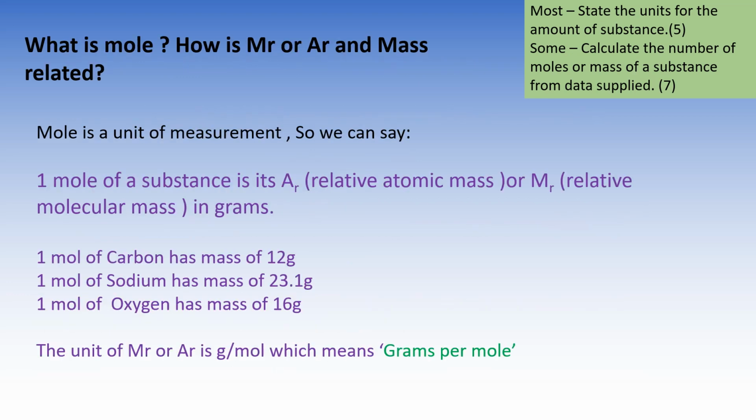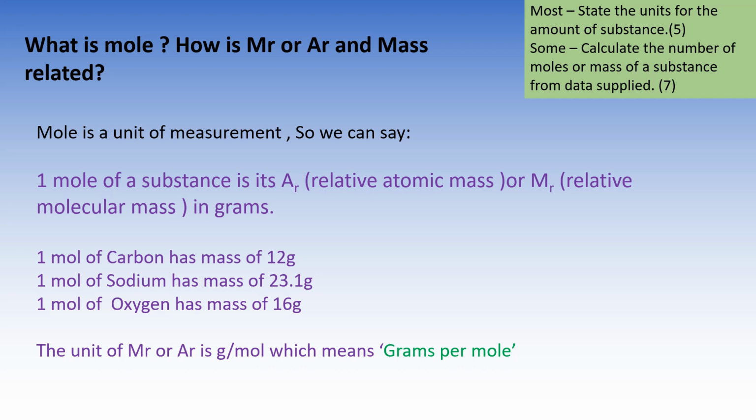So 1 mole of a substance is its relative atomic mass or relative molecular mass in grams. 1 mole of carbon has a mass of 12 grams. So how did they exactly calculate 12 grams? How do you know that carbon has 12 grams, and 1 mole must be equal to 12 grams?